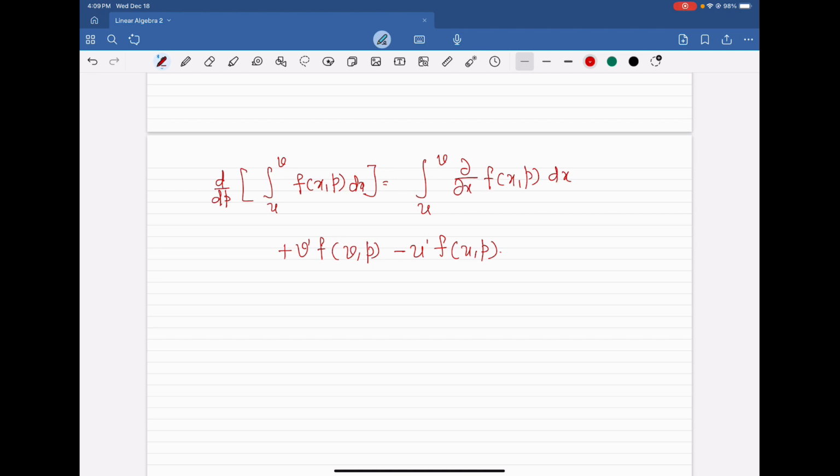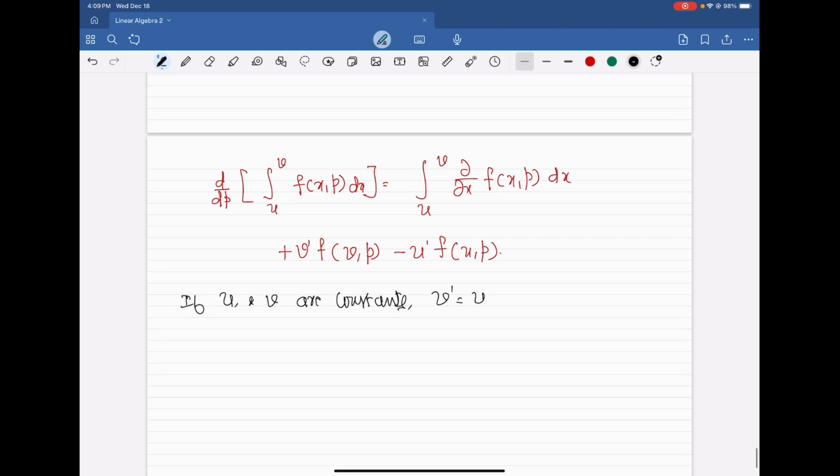If u and v are constants, then u dash and v dash are equal to 0, because the derivative of a constant is 0. That implies the Leibniz rule will be d by dp of integral u to v function xp dx is equal to integral u to v. They are not functions now, they are constants.